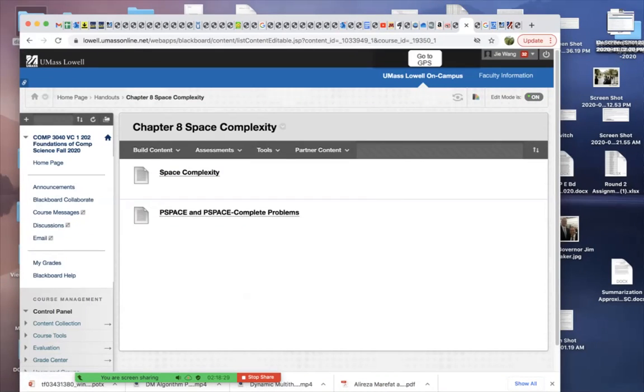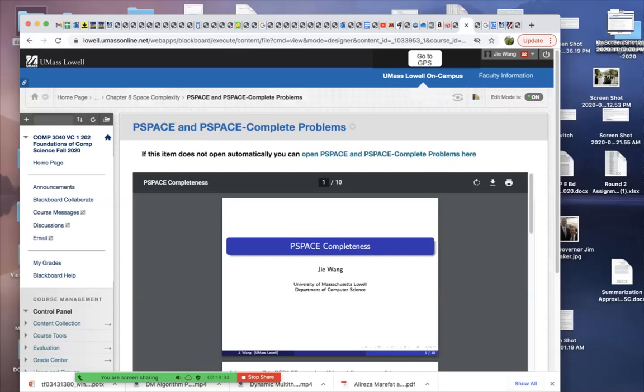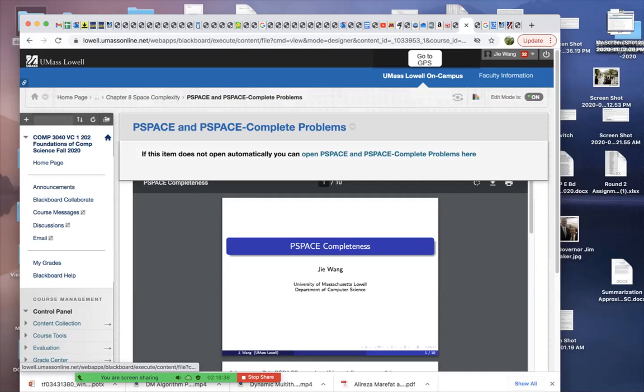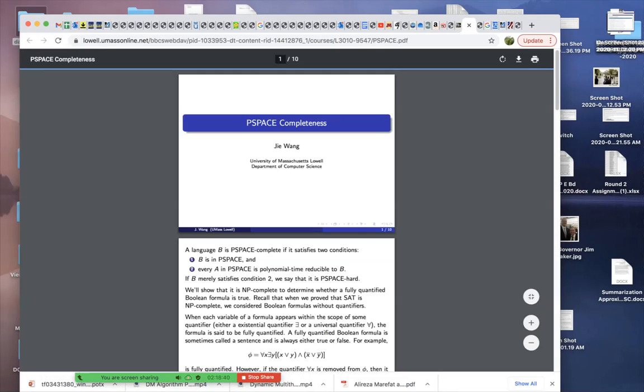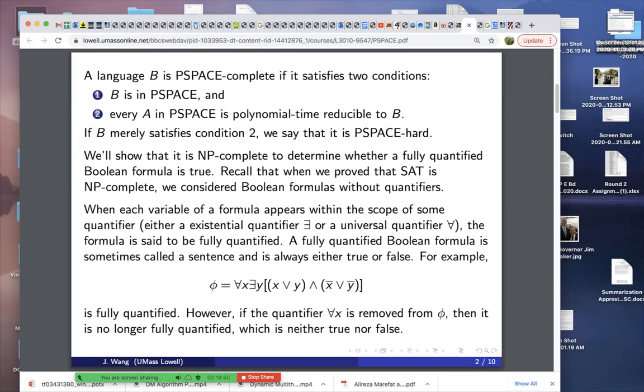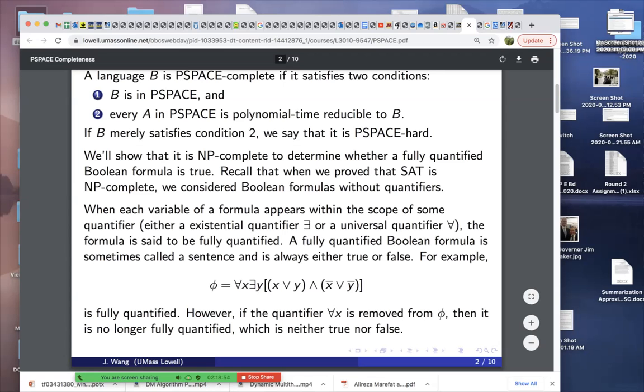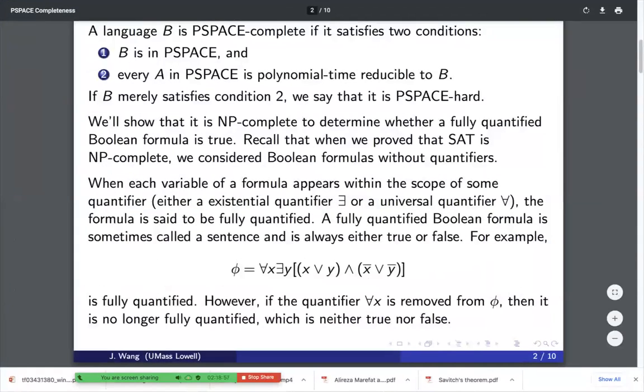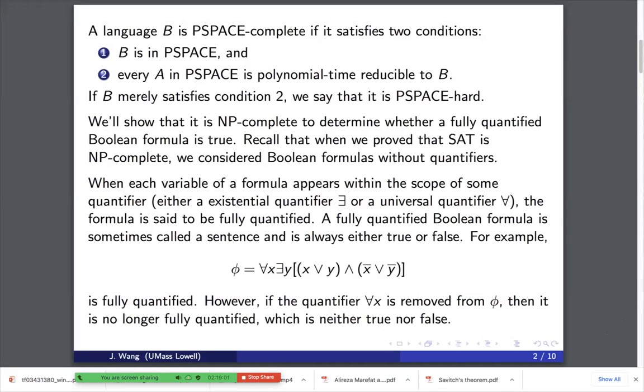And we look at space complete problems. PSPACE completeness. Okay, so the definition is similar to NP completeness.